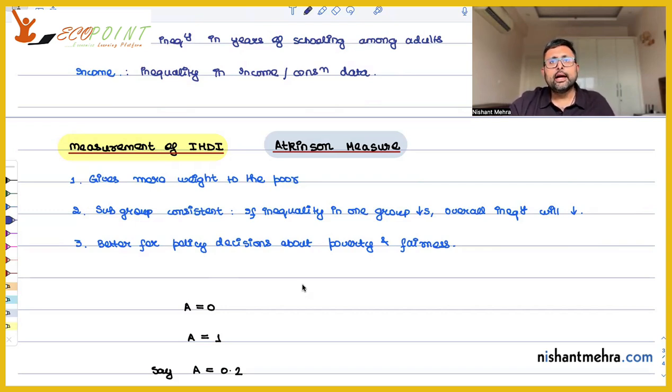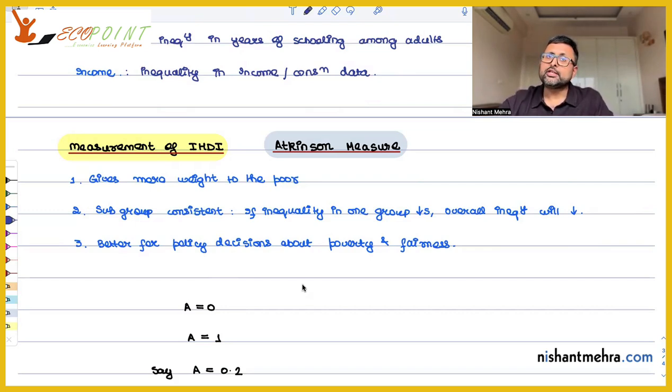Second, it is subgroup consistent. What do we mean by subgroup consistent? For example, if there are two villages, A and B, and in village B inequality has reduced while village A inequality is the same, the total inequality will be shown to be reduced.